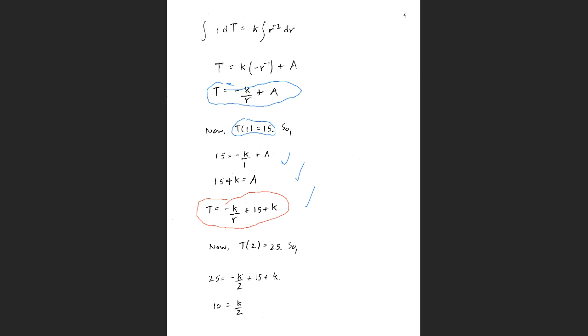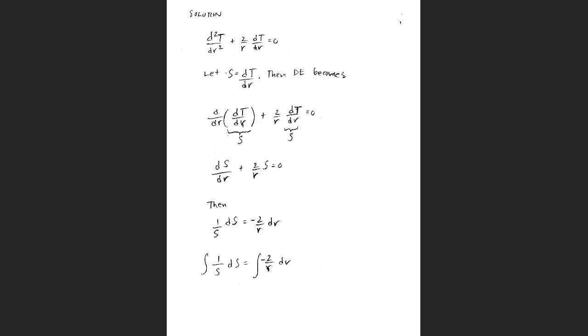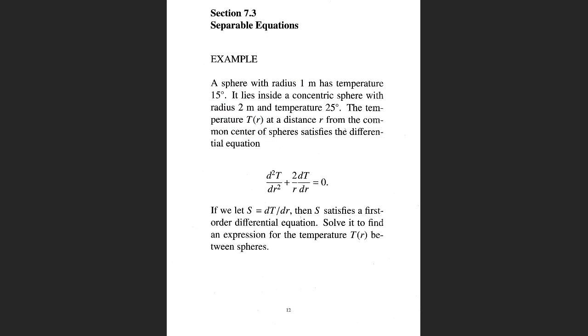Well, we were given a second initial condition. If we go back to the problem, we were also given that when the radius is 2 meters, the temperature of that sphere is 25 degrees.